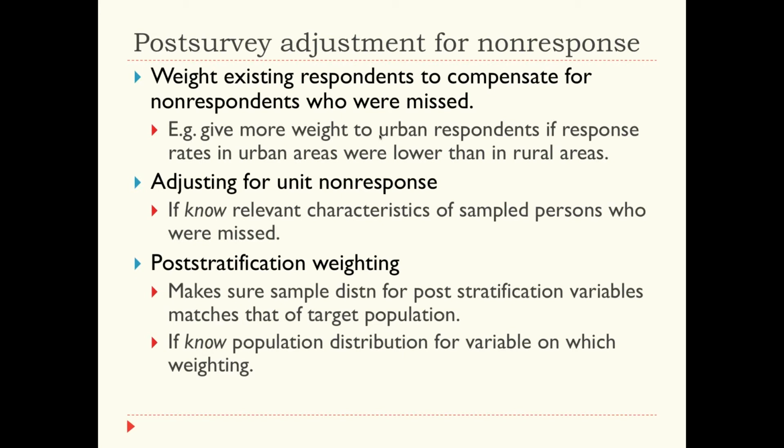You would count each of your individuals of that minority group as if they were 2 people. Where this can get hazardous, though, is that people often do this without having good information about what the true population looks like. That's probably why we do sampling a lot of the time, because we don't know what our population looks like. But that's what you can do about it.